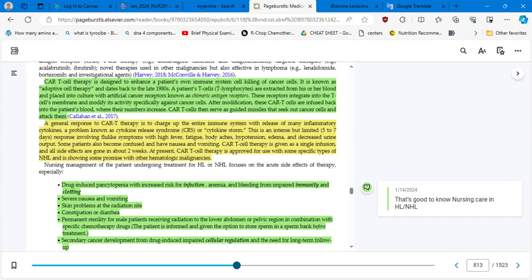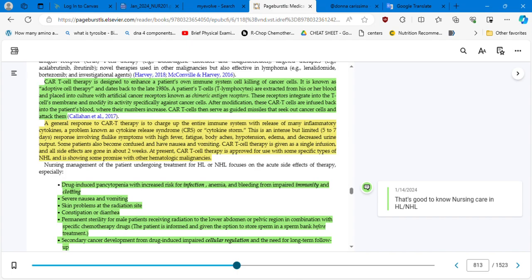A patient's T-cell lymphocytes are extracted from his blood and placed into culture with artificial cancer receptors known as chimeric antigen receptors. These receptors integrate into the T-cell's membrane and modify the activity specifically against cancer cells.